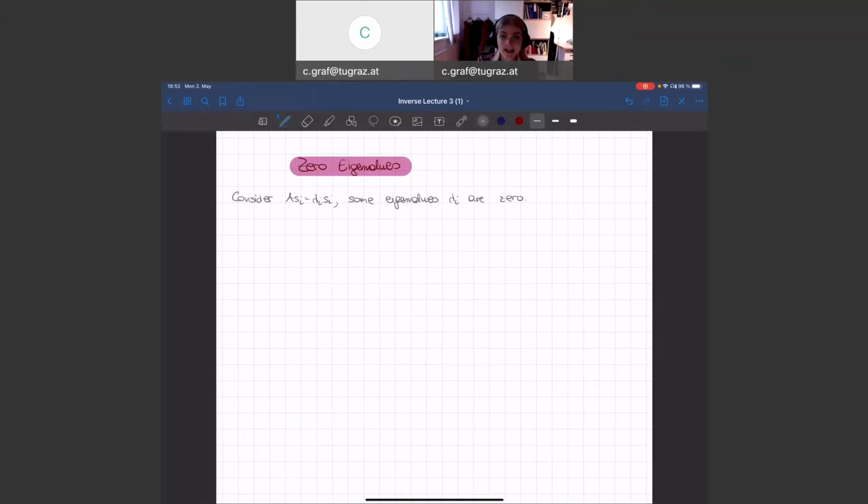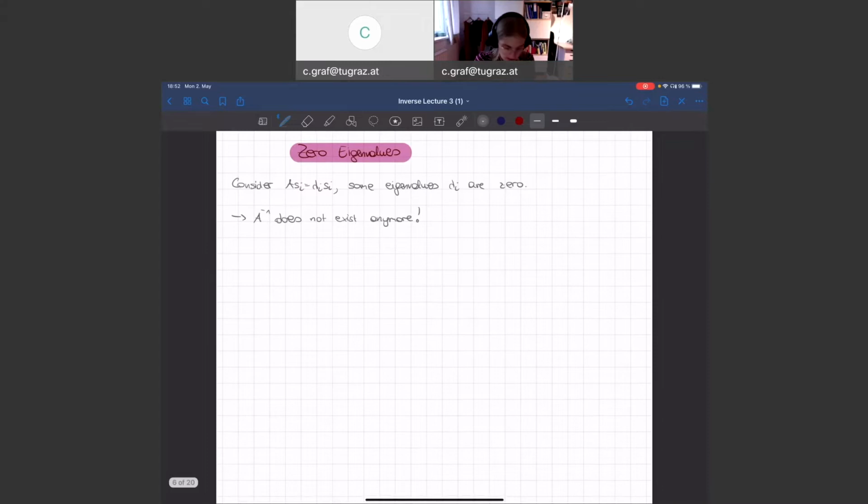What we can say is that the inverse does not exist. But we said that we still want to handle this case properly. So what we do next is we suppose that we have a certain amount of 0 and non-zero eigenvalues.